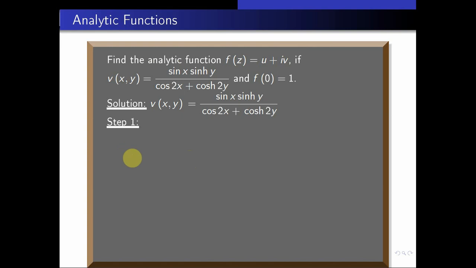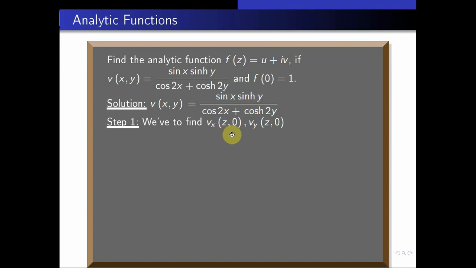Step 1, we have to find Vx of z comma 0 and Vy of z comma 0. What is the meaning of this? I want to differentiate this function partially with respect to x, and then replace x by z, y by 0. Next, the same function, I am going to differentiate partially with respect to y and put x as z and y as 0.